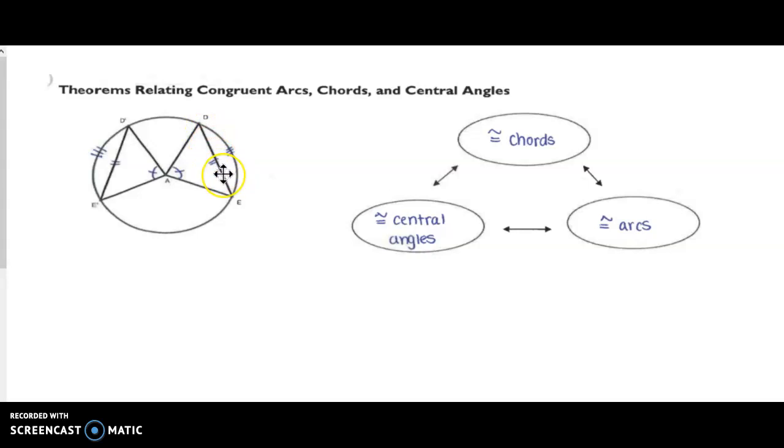It's a segment, all right? And so if the central angles are congruent, then the intercepting arcs are going to be congruent. So here arc DE and arc D prime E prime. And the intercepted segments, the chords, those are going to be congruent as well, as long as the central angles are congruent.